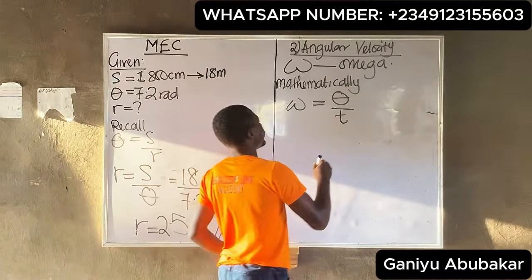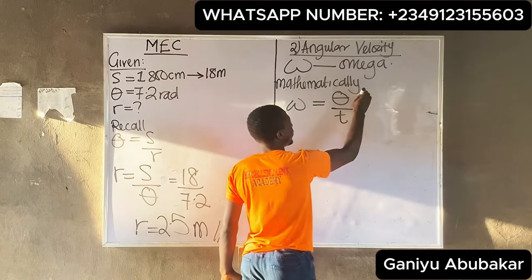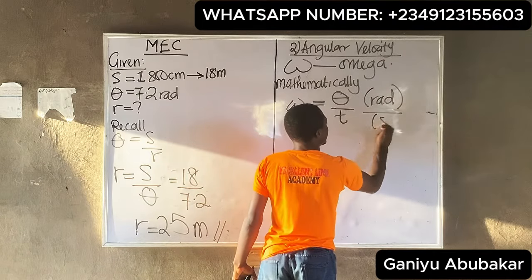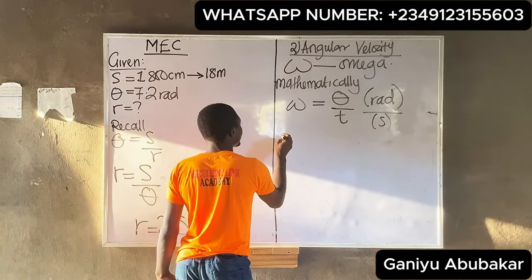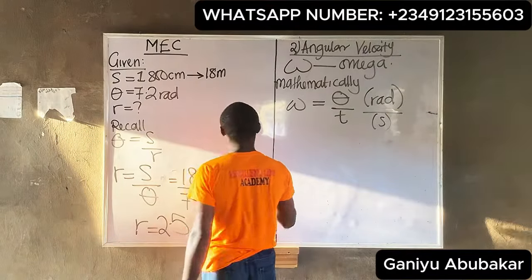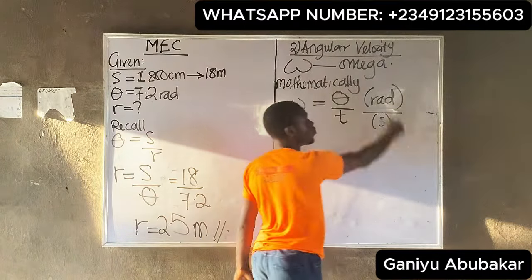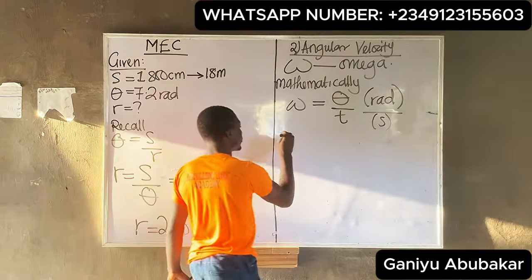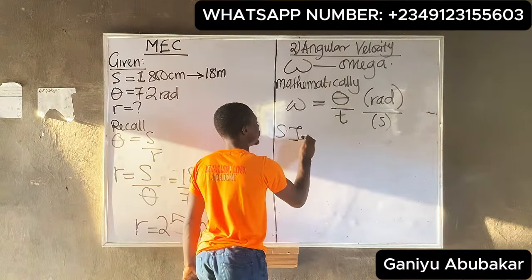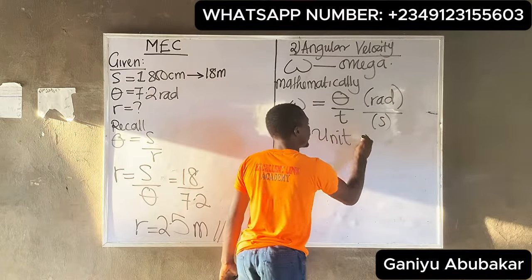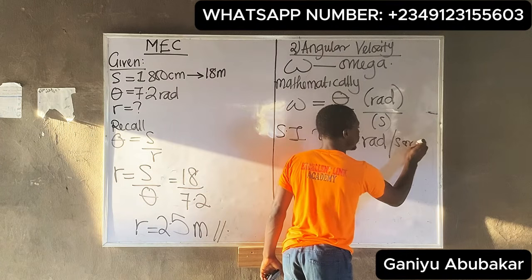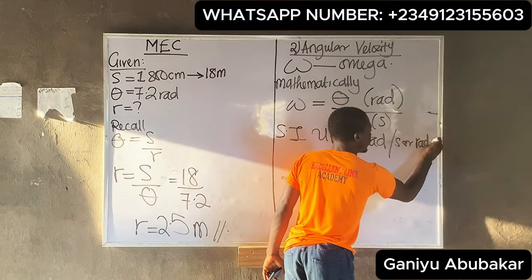In this case, what is the unit for angular displacement, and what's the unit for time? So what's the sign for omega? Note that angular velocity is measured in rad per second. The SI unit is rad per second, or rad to the power minus 1.